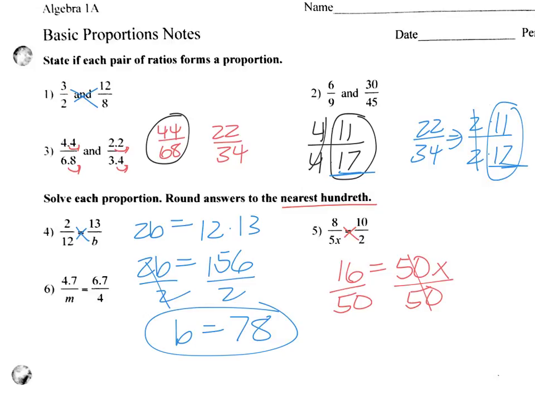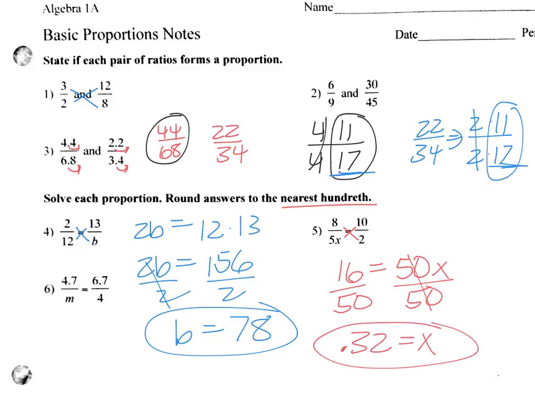So typically we would do reduced fractions. So if you reduce this, you would get 8 over 25. But as a decimal, that's going to give you, I think, 32 hundredths.